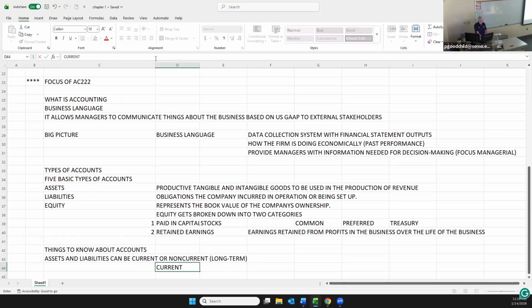Current means that asset will be used or the liability will be paid within 1 year or one business cycle.